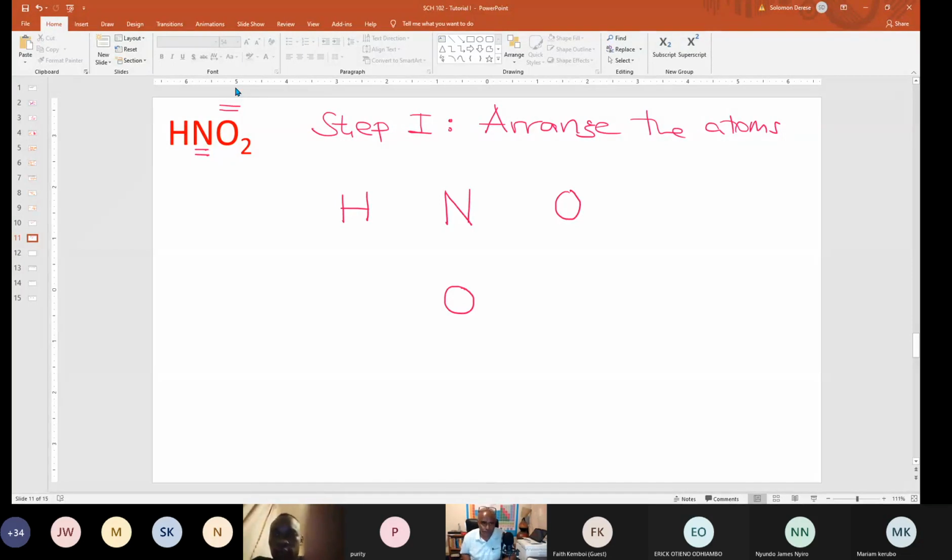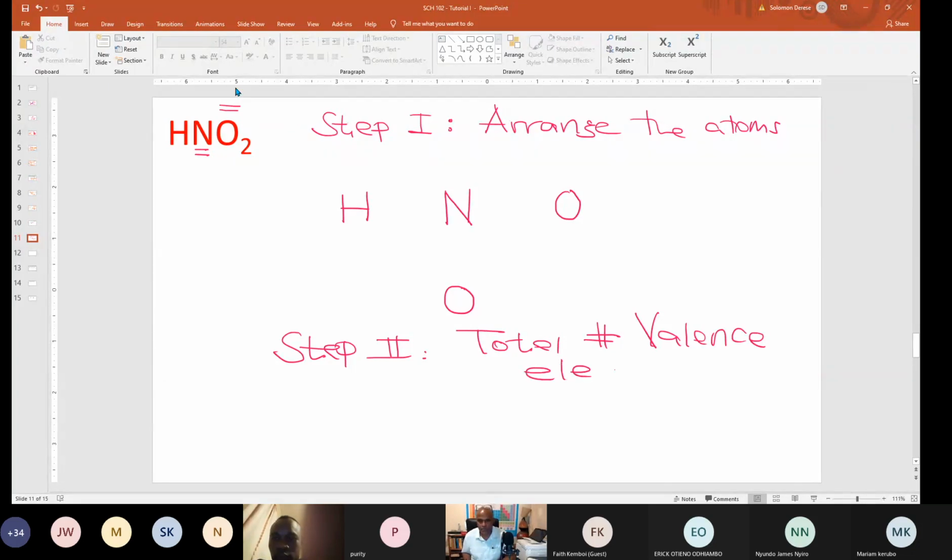Now step 2 is counting the total number of valence electrons. We have one hydrogen, one nitrogen, and 2 oxygens.